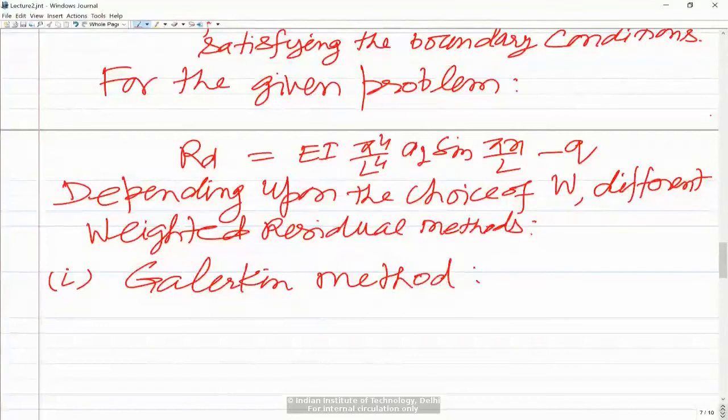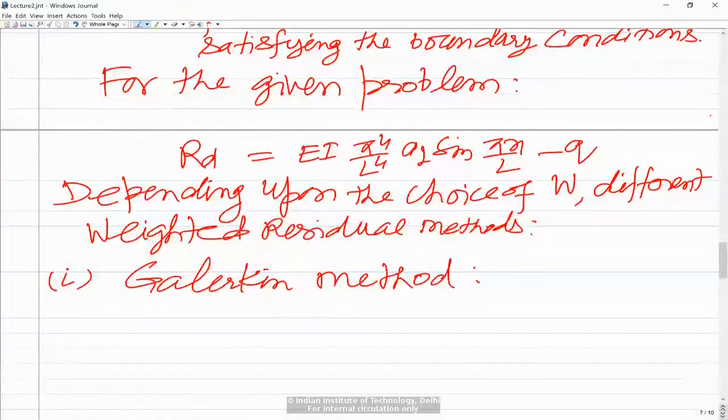In the Galerkin method, how do we choose the weight function w? We have an approximate solution which, after satisfying the boundary condition, is in terms of some unknown constants. If we take the coefficients of the unknown constants in the approximate solution as weight functions, then that is known as the Galerkin method.